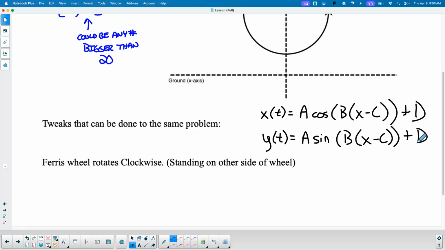So to make it go the other way, to make it spin clockwise, that would be a negative b value. So we make b negative in order for it to spin clockwise.